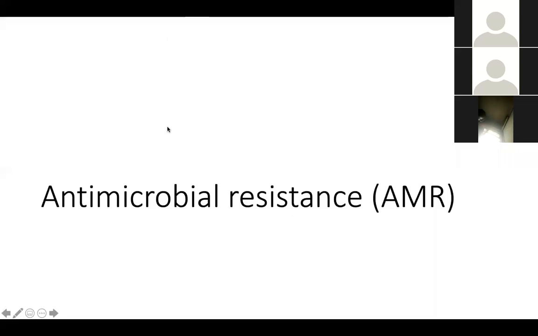So you can go on to antimicrobial resistance. So what is antimicrobial resistance? These are some of the headlines that have been found in some of our dailies, and they continue.